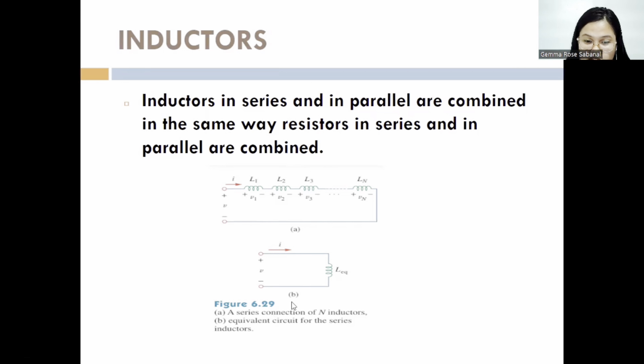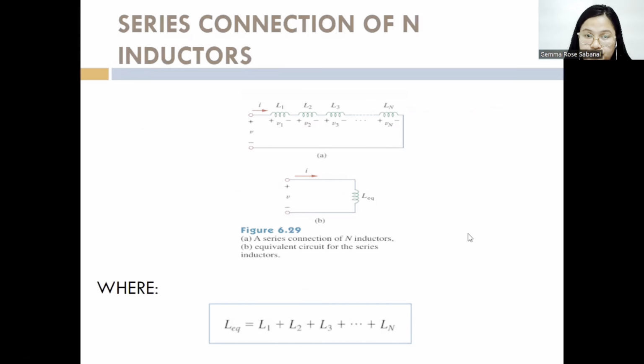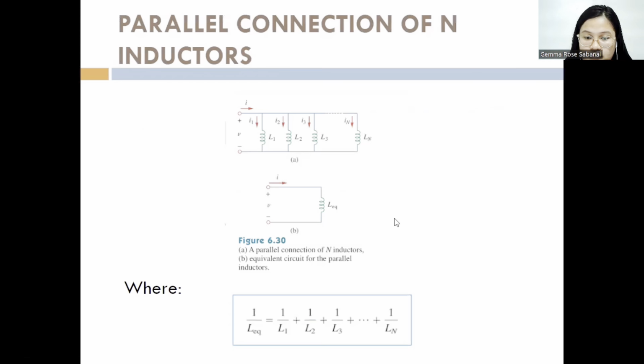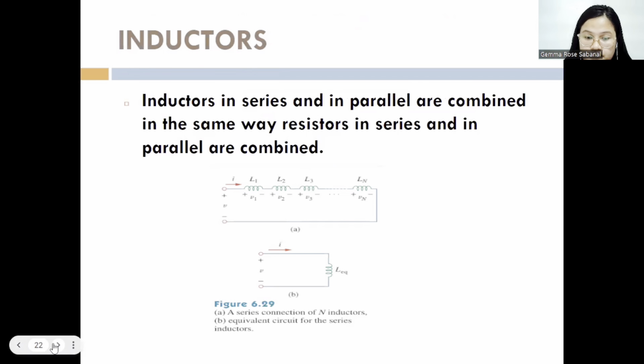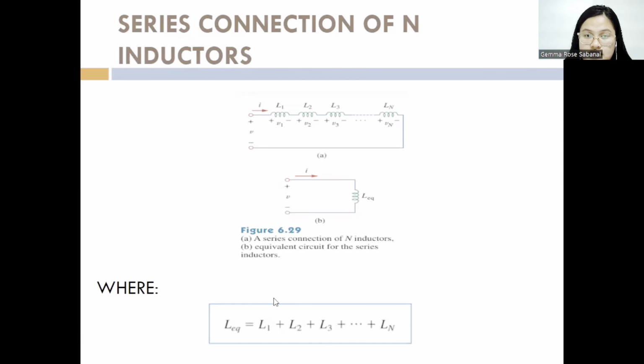As you can see in figures A and B, A is a series connection of N inductors, while figure B is the equivalent circuit for the series inductors, where L equivalent is equal to L1 plus L2 plus L3 plus ... plus Ln.